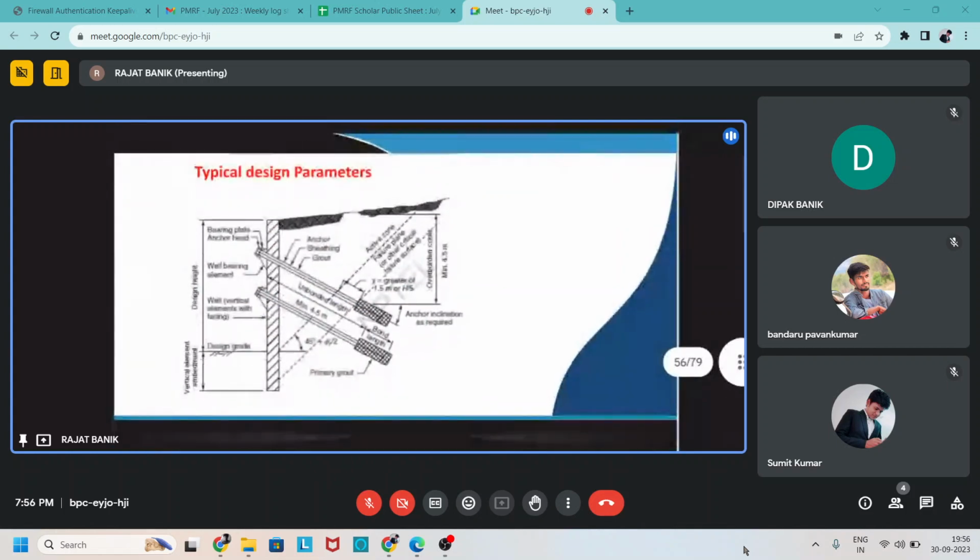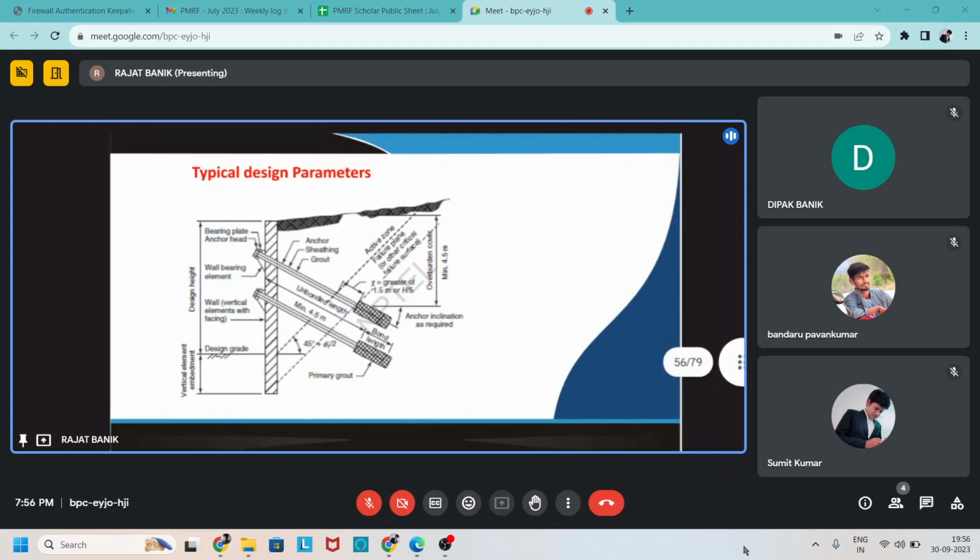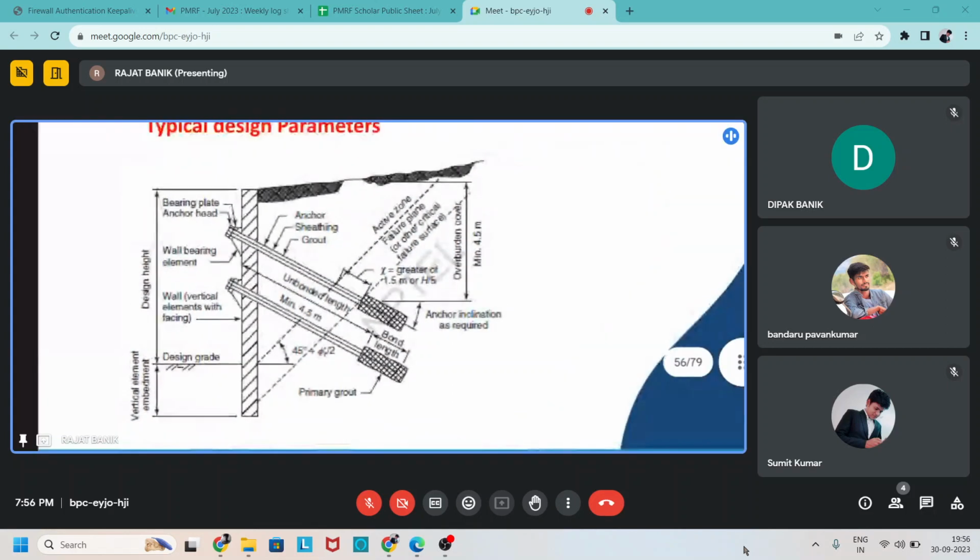Here also one typical design diagram is given, similar to the first one we already discussed, and it is shown very precisely here. Unbonded length: what is the minimum unbonded length? Here it is given as 0.45 meter, and the failure surface is at 45 plus phi by 2, and the bond length.